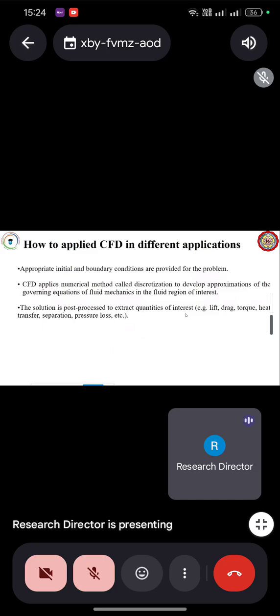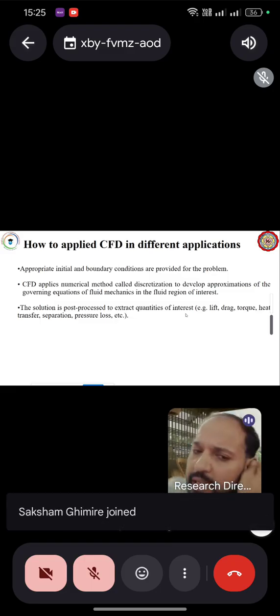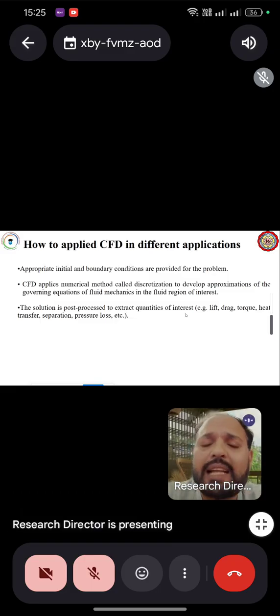Now, how to apply CFD in different applications? I think there are some guys from mechanical, some chemical, and some electrical. Appropriate initial and boundary conditions are provided for the problem. For example, I am taking a mechanical example; for electrical, then I will take the chemical also. Suppose we want to calculate the temperature distribution along the length of a composite material, maybe a composite slab.